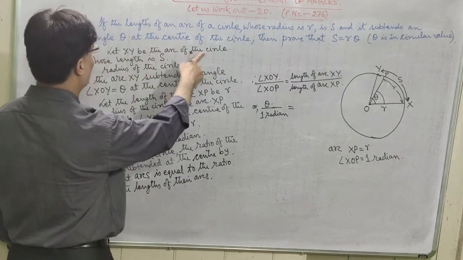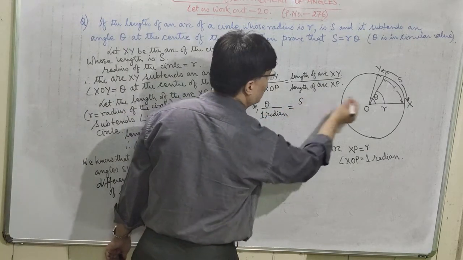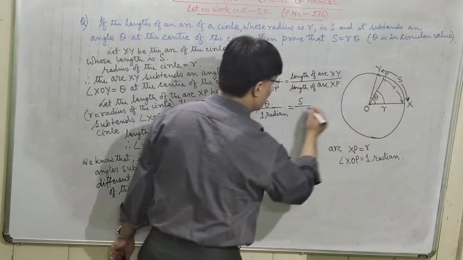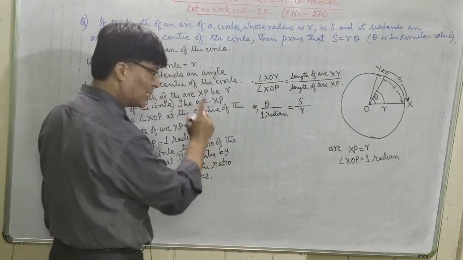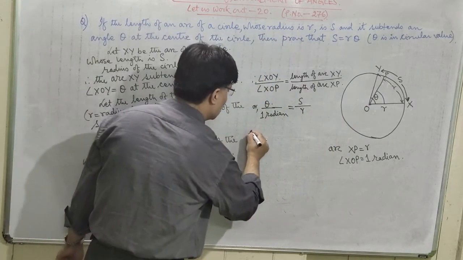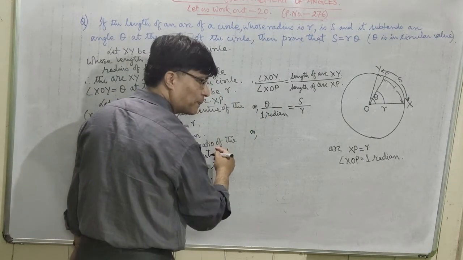XY is the arc of the circle whose length is S. Length of the arc XY is S, divided by the length of the arc XP, which is equal to the radius of the circle, that is R. So you can cross multiply it.